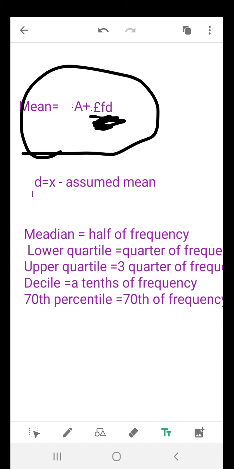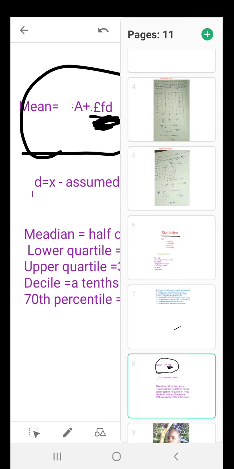So multiply the midpoints by the frequency to get fx, then you get the summation of frequency, so that you get the mean by taking summation of fx over summation of f.